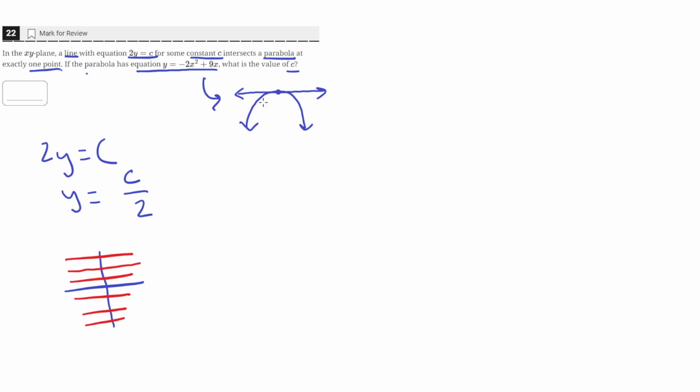So the horizontal line must cross the parabola at the vertex if it has to cross at 1 point only. And we can find the point at the vertex to be able to solve for the value of c.